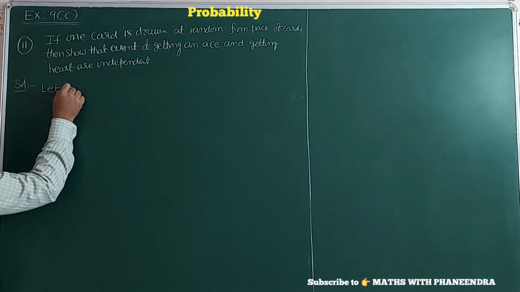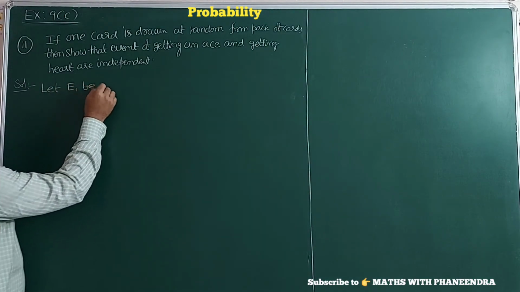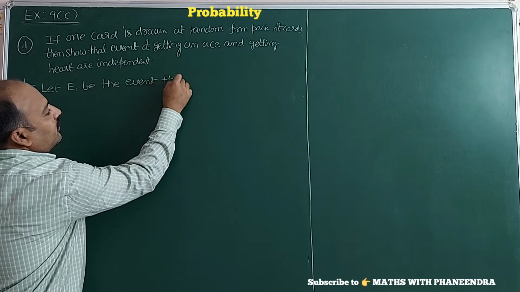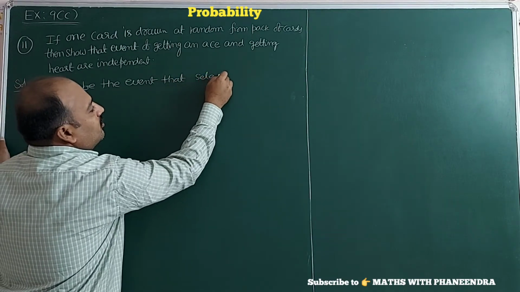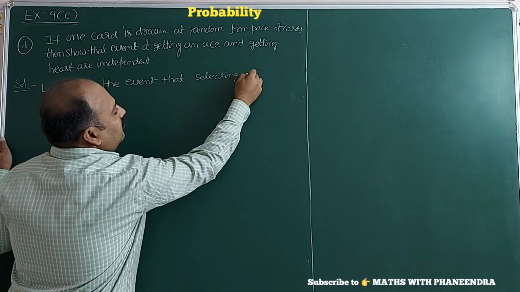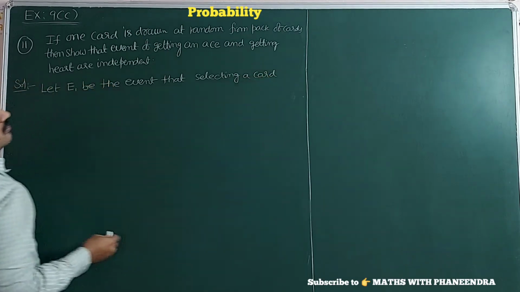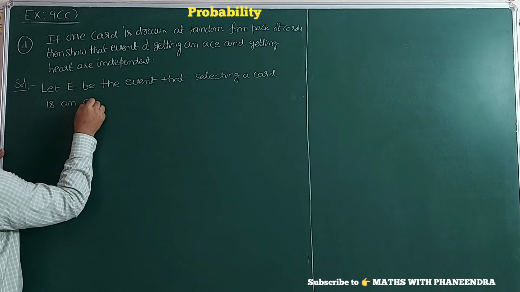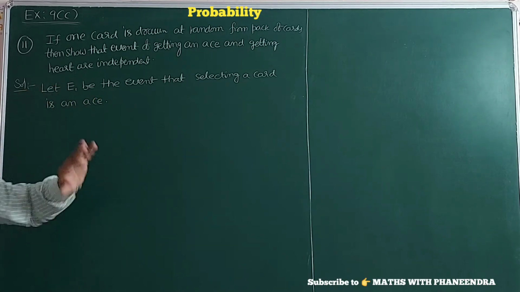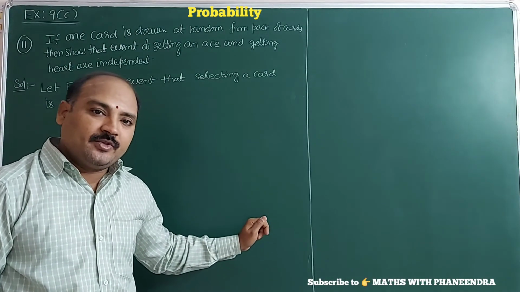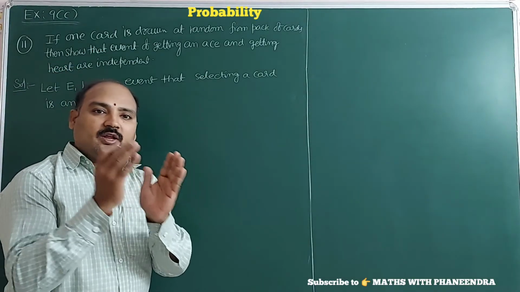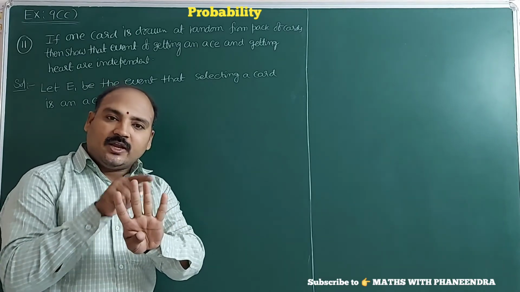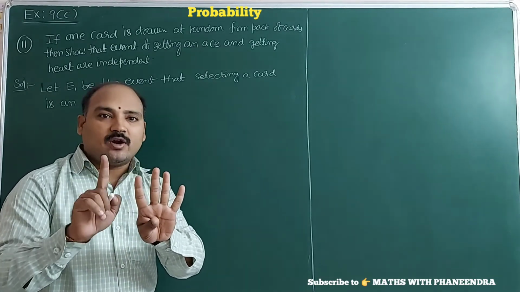Let E1 be the event that the selected card is an ace. So total how many ace cards are there? There are 4 sets of 13 cards, and in every set of 13 one ace card is there.